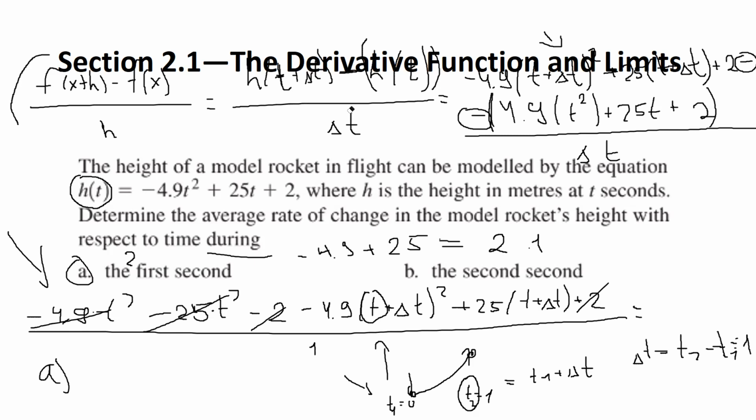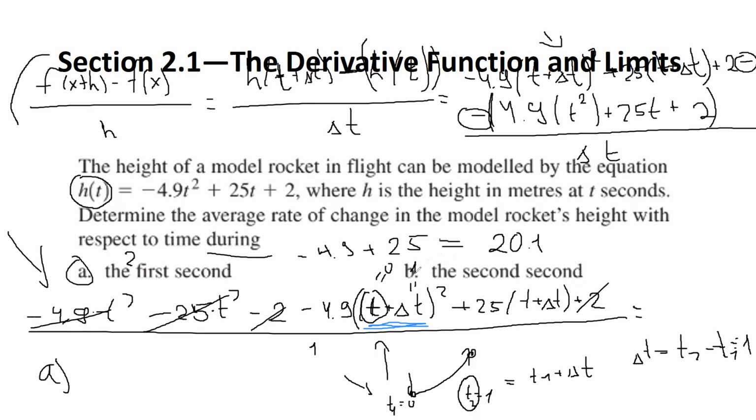Wait, sorry, how did you get that? Let me take a second look. What did you do right there? Where I underlined it? Oh, this is t plus delta t. And as soon as t equals 0 and delta t equals 1, 0 plus 1 squared equals 1.